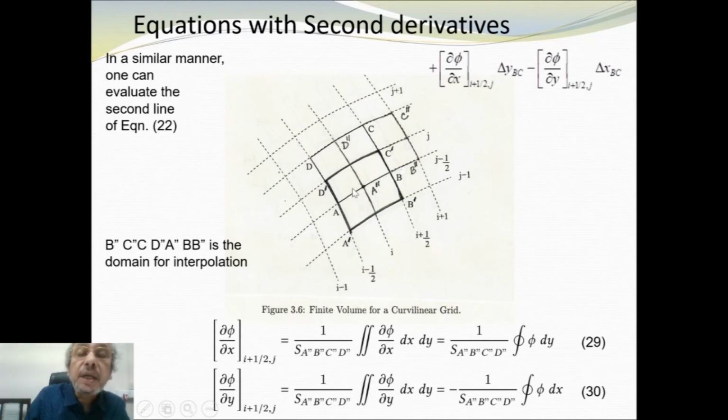But in order to do that, all these del phi del x and del phi del y quantities are being defined here, here, here, here. So for defining here, we have interpolated on this domain, we have interpolated on this domain.